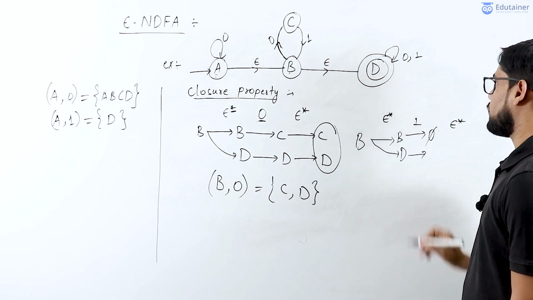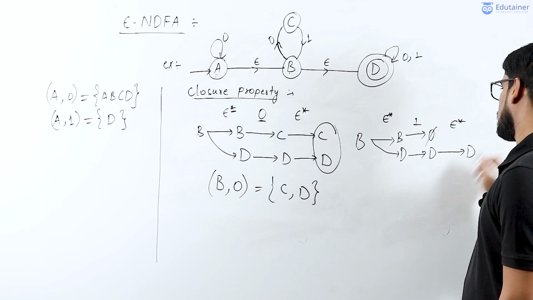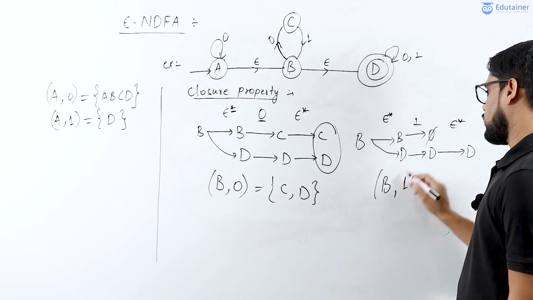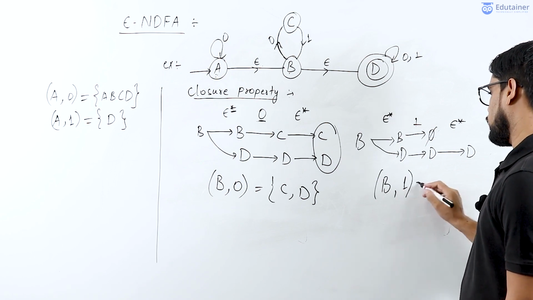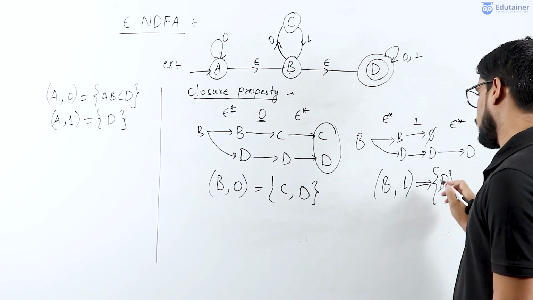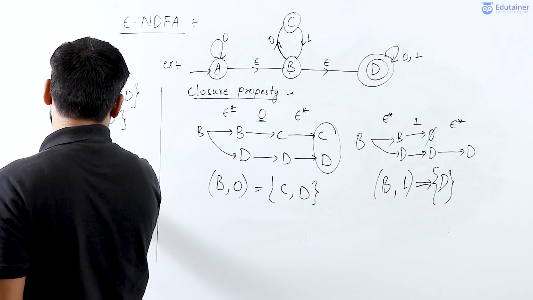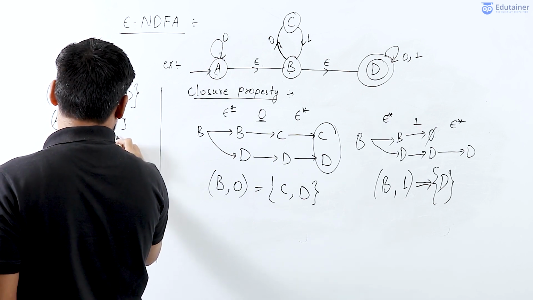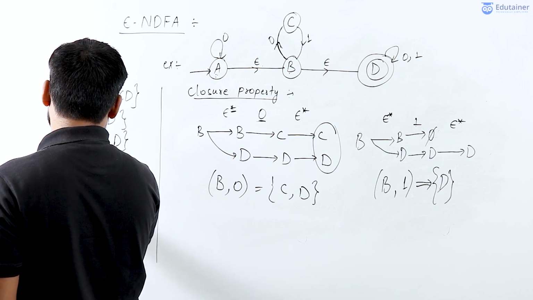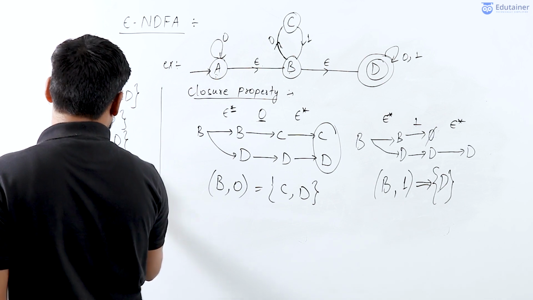D on 1 is D itself, and D on epsilon star is D. That means B after reading input alphabet 1 will go to state D. So B on 0 is C and D, and B on 1 is D.